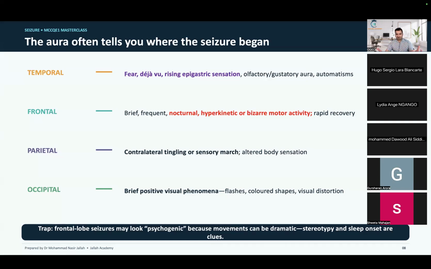And then the seizure happens. He knows that it's coming. This is temporal. If it is asking you which lobe is affected, temporal.